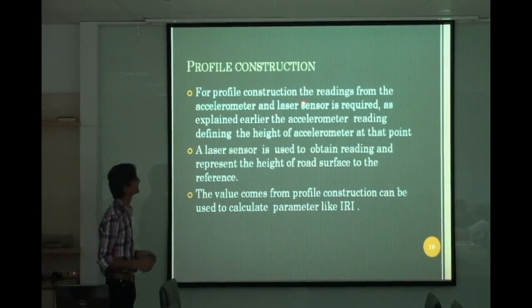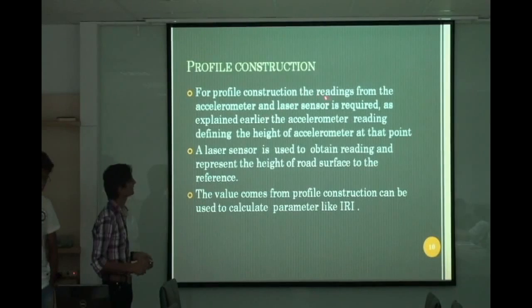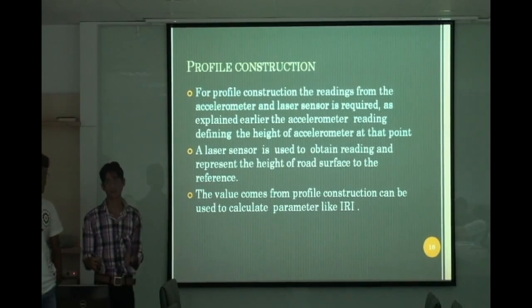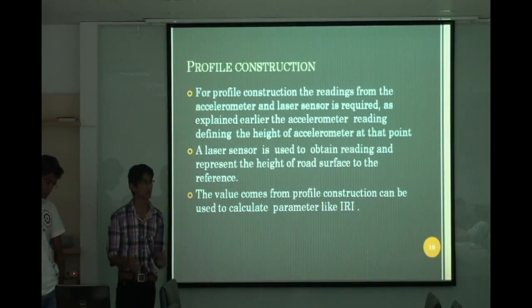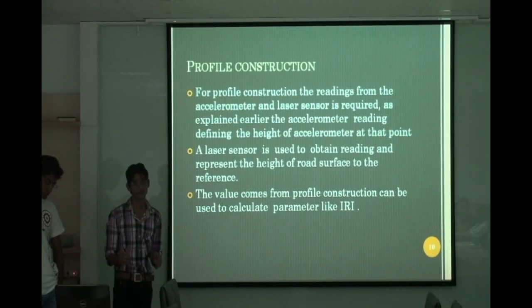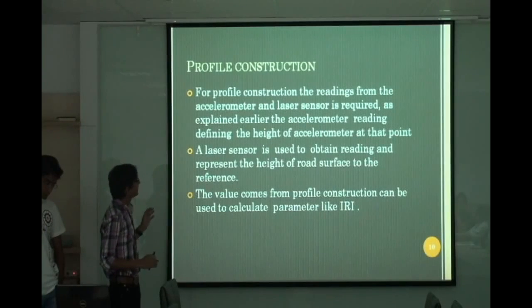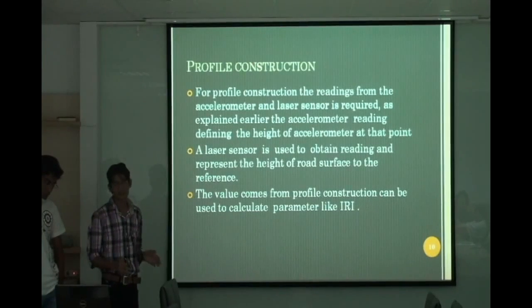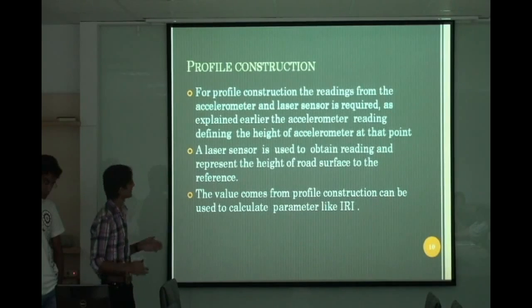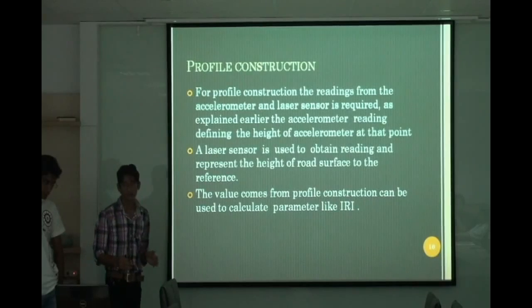For profile construction, the readings from the accelerometer and the laser sensor are required. What are the basic raw readings which are required for the profile construction? They are the laser sensor readings and the accelerometer readings. As already told about their functions, the laser sensor is used to obtain the height of the road relative to the reference.